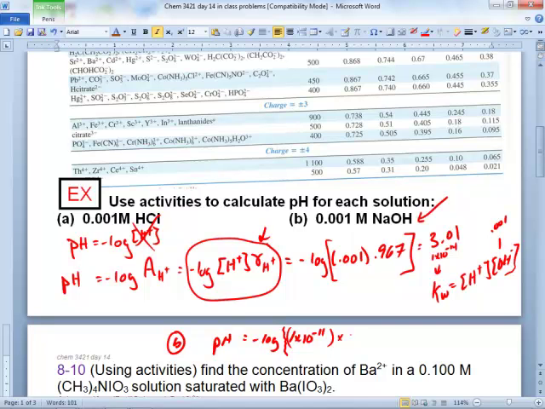But I need to know the ionic strength. The ionic strength is, again, 0.01.